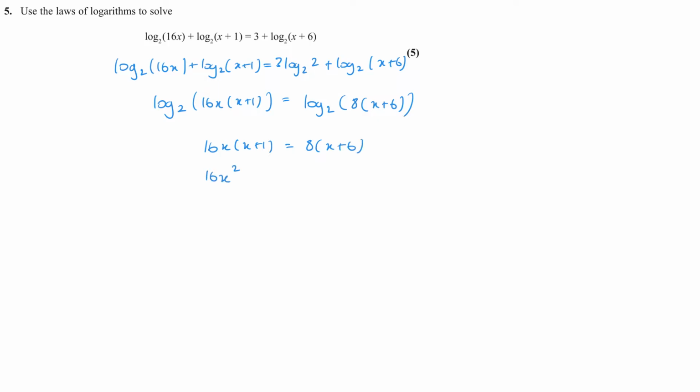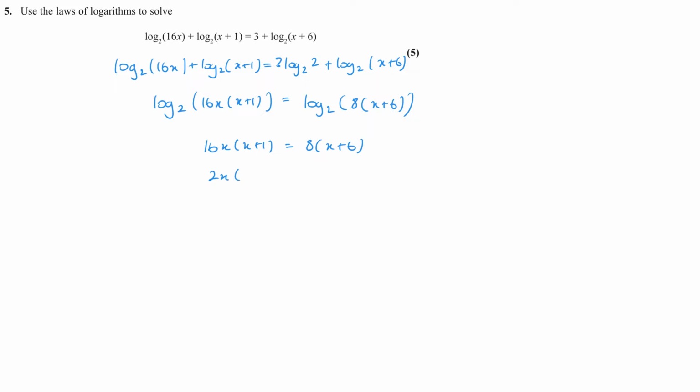So 16x squared plus 16x equals 8x plus 48. So 16x squared plus 8x minus 48 equals 0. And of course we can divide everything by 8 at this point. Alternatively, if I go back a few steps, and here we got 8 and here we got 16, I can divide by 8 straight away.